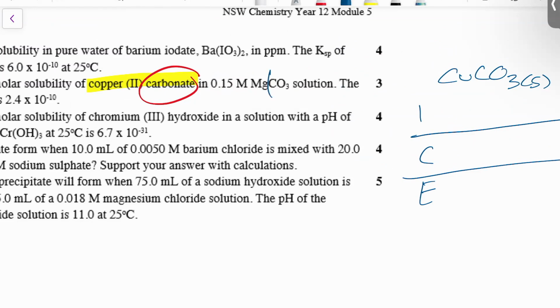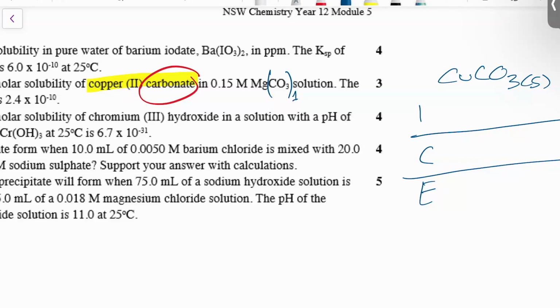If I put brackets around the entire CO3, what is the subscript outside of that bracket? How many carbonates are there? I put a bracket around the CO3. I don't have a subscript to tell me how many carbonates there are, but if I were to put one myself, what number would I put right here? I would put a number 1, because if there's no subscript, that means it's a subscript 1.